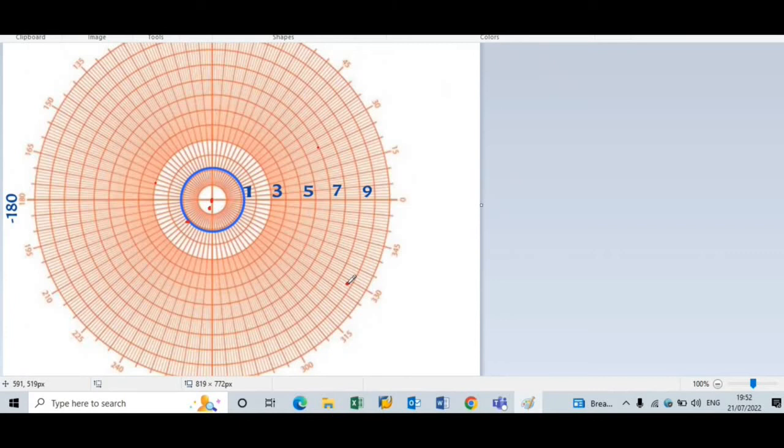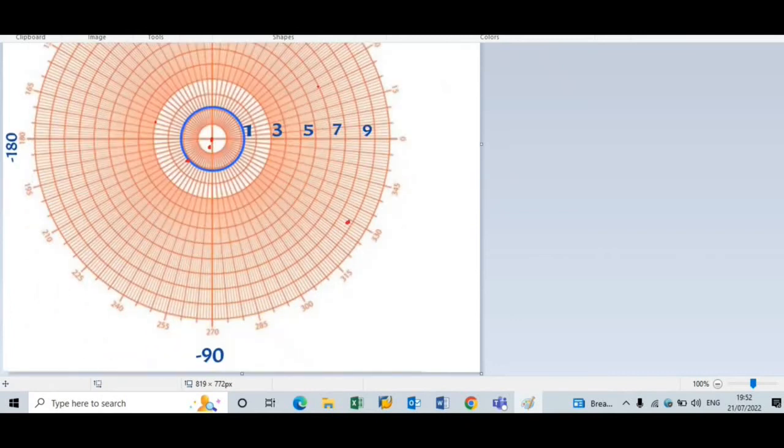Now for infinity, the angle is minus 90. We have to show magnitude infinity, but it is along this angle of minus 90. So I will select any point nearer to this minus 90 degree angle. And then if we join all these points, it will move to infinity along this minus 90 degree angle.